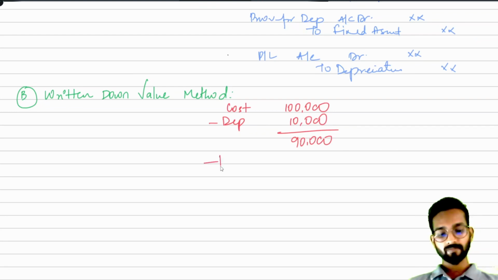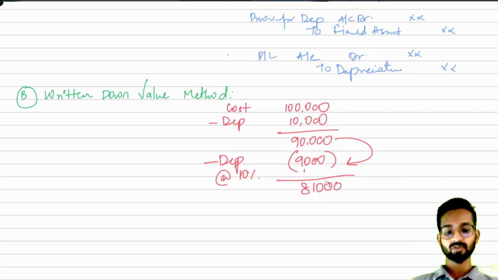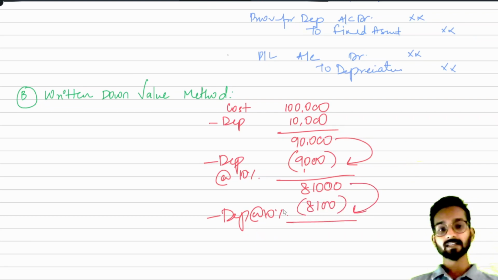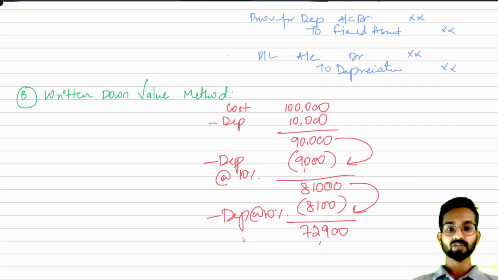Then they are saying when you are again charging depreciation at 10% now, you will charge on this value, so it will become 9,000 and the value will become 81,000. Understood? Again when you are charging the depreciation at 10%, what will you do? 10% of this 81,000. Like this you are supposed to charge, it will become 72,900. Understood? So like this you are supposed to charge the depreciation.